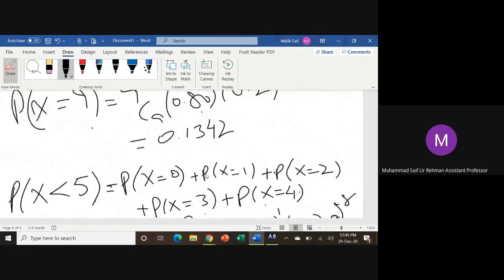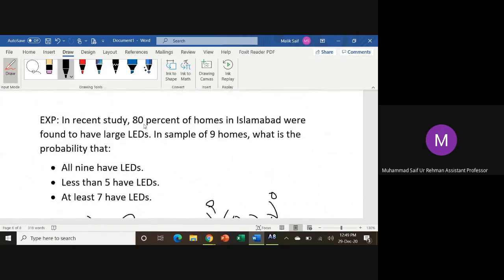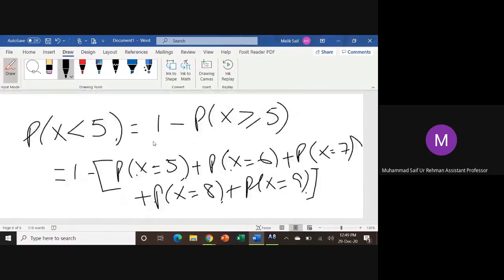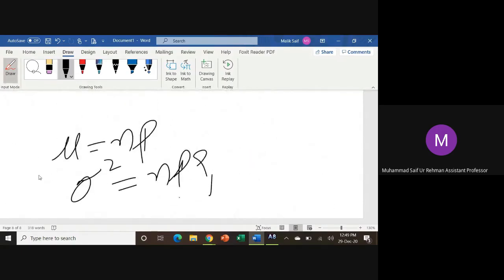Let us see what will be the mean in the case that we are just solving. You will take n as 9 and p is 0.80. If you are interested in finding out mu, simply multiply 9 with 0.80. That is 7.2.